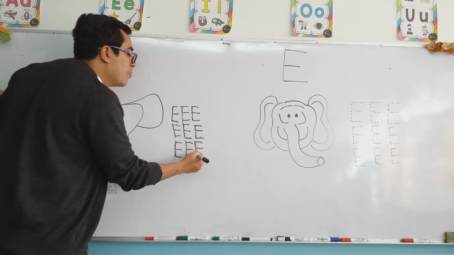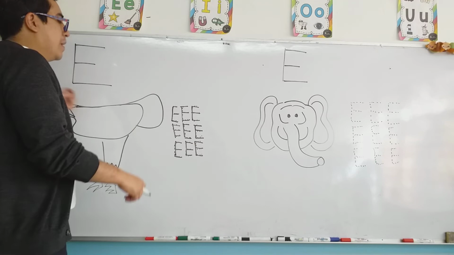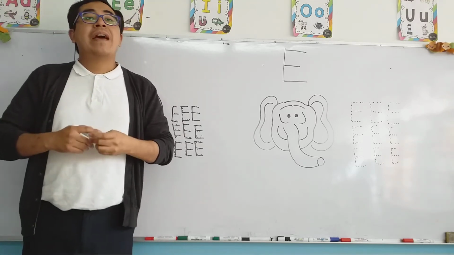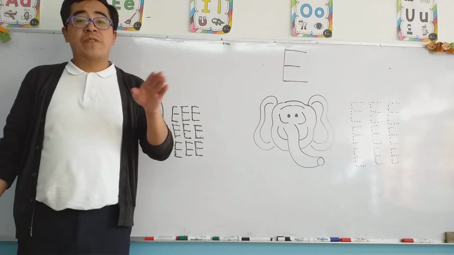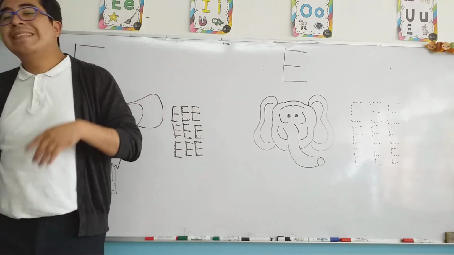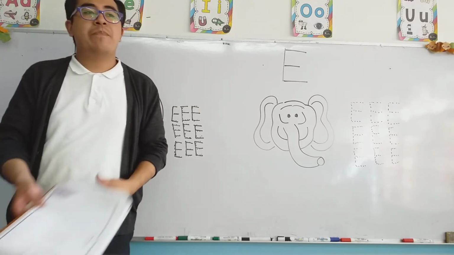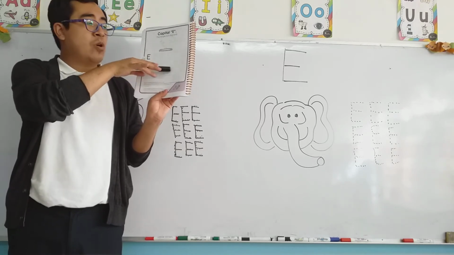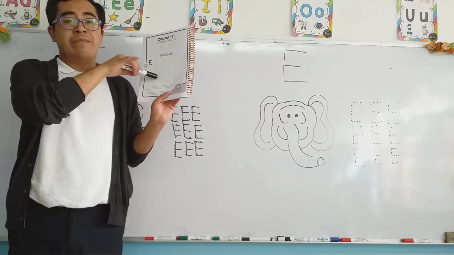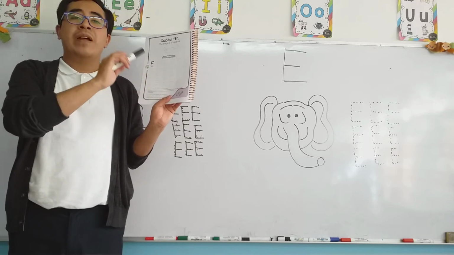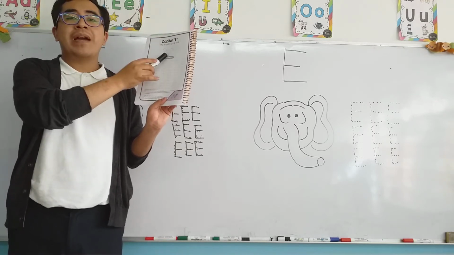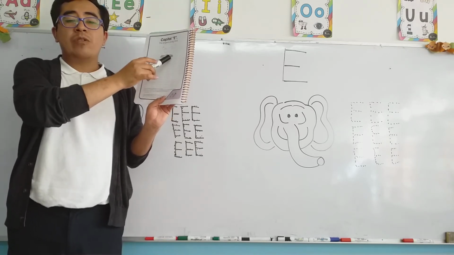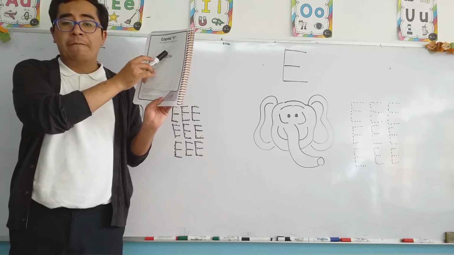Eagle begins with capital E. Remember that after you finish all of your examples that you have to trace, then you can paint the picture of the eagle. Nosotros ya que hayamos terminado todos los ejemplos que tenemos que remarcar de la capital E, ahora sí podemos colorear la imagen del animal del día de hoy, which is of course eagle.